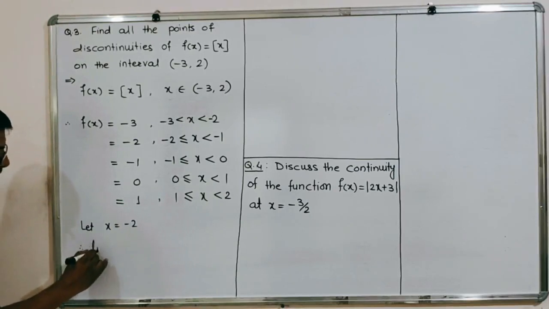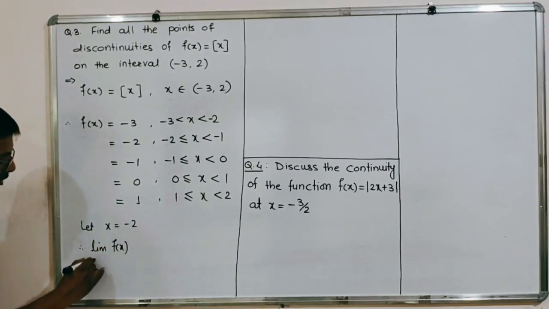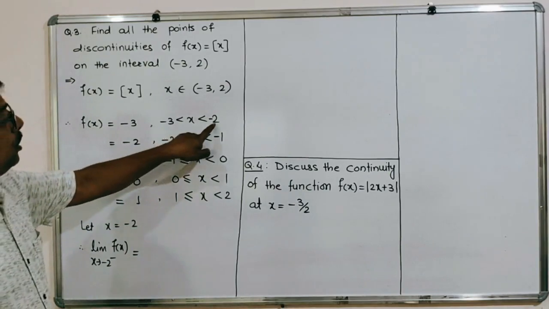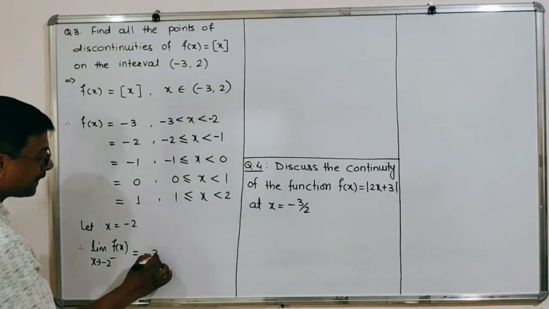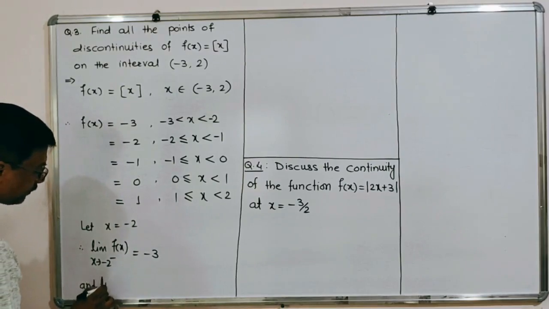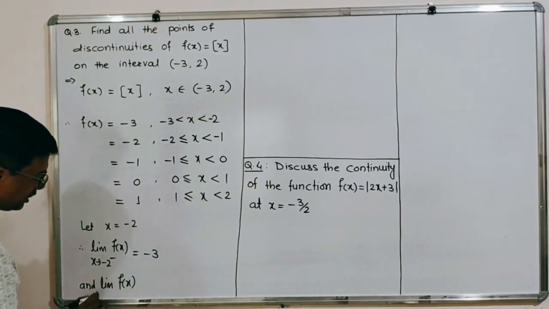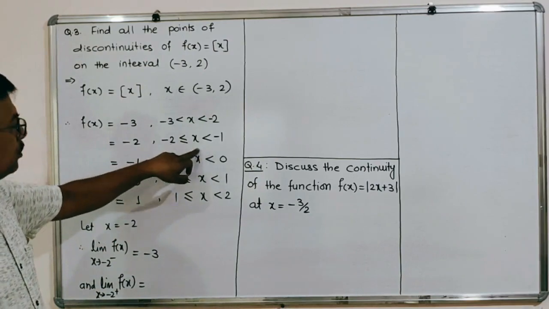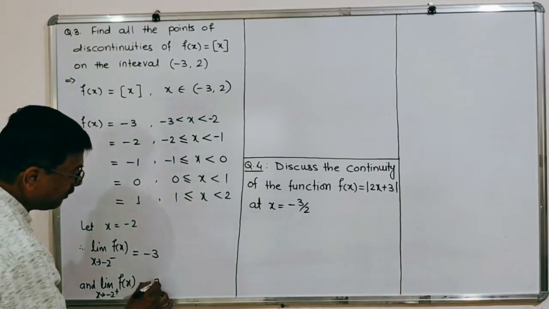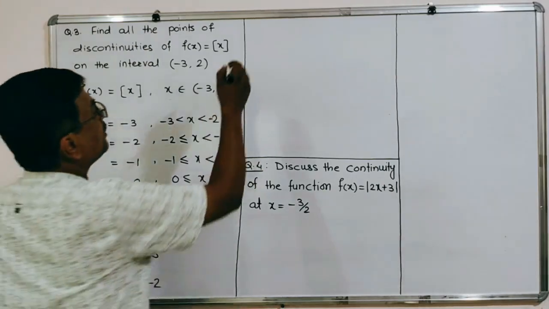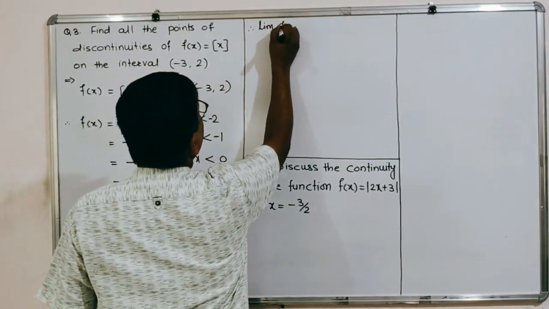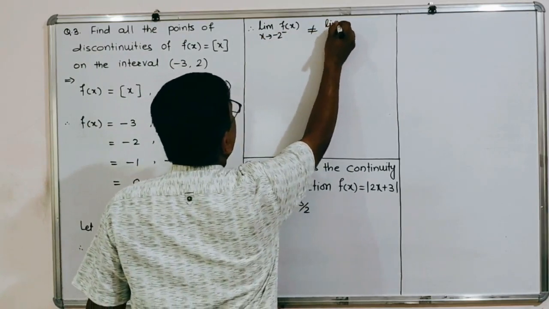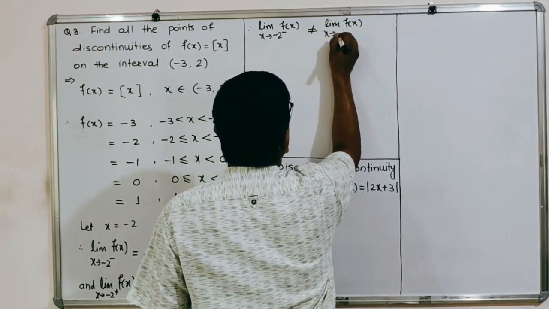Then we can say that limit of f of x as x tends to -2 minus, meaning LHL, if we find out, its value will be -3, and limit of f of x as x tends to -2 plus, meaning greater than -2, for that the function value is -2, so this will be -2. So here we observe that limit of f of x as x tends to -2 minus is not equal to limit of f of x as x tends to -2 plus.